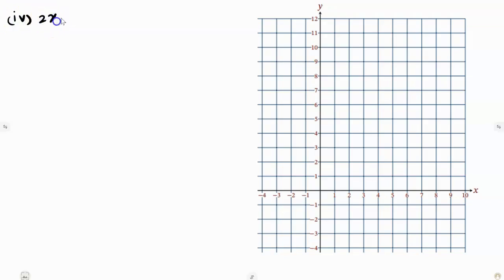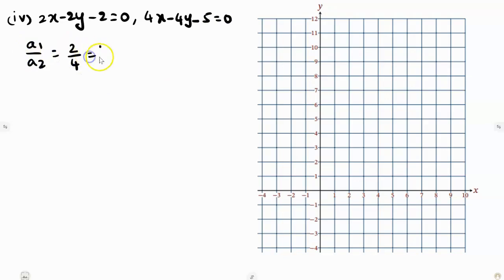2x minus 2y minus 2 equal to 0. This is the first equation. The other equation is 4x minus 4y minus 5 equal to 0. This is another equation. So let us see a1 by a2, b1 by b2 and c1 by c2. a1 by a2 is equal to 2 by 4, which is equal to 1 by 2.